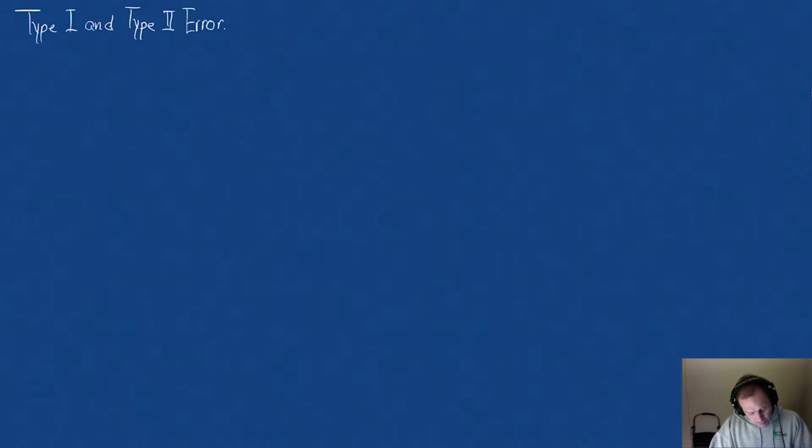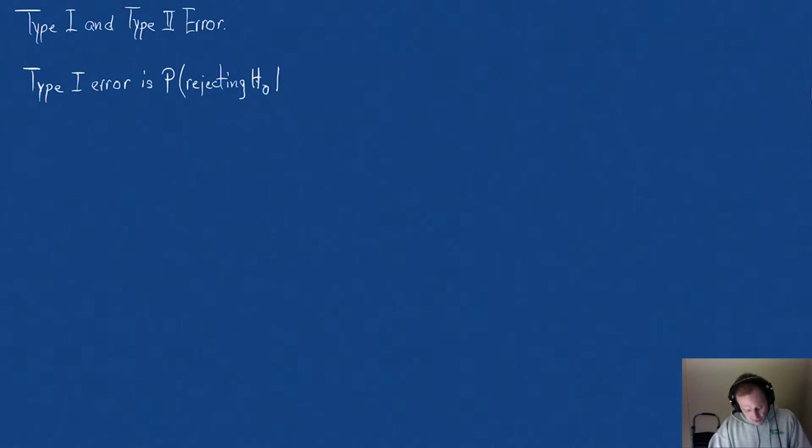So a type 1 error is, I'm going to write it this way, using the probability notation. It's the probability of rejecting the null hypothesis, given that, now here's the key, given that the null hypothesis is true.